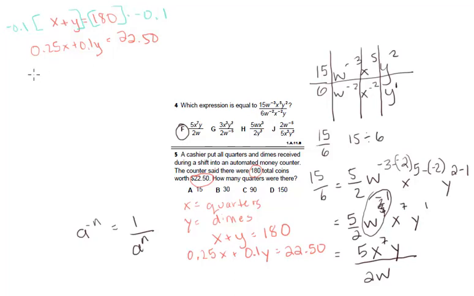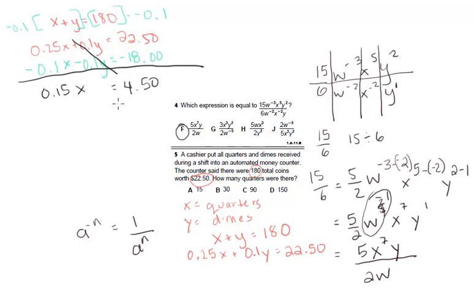And that'll leave me negative 1/10 x minus 1/10 y, and then negative 18. And if I add those together, these cross out, I'm left with 1/500 x is equal to $4.50.